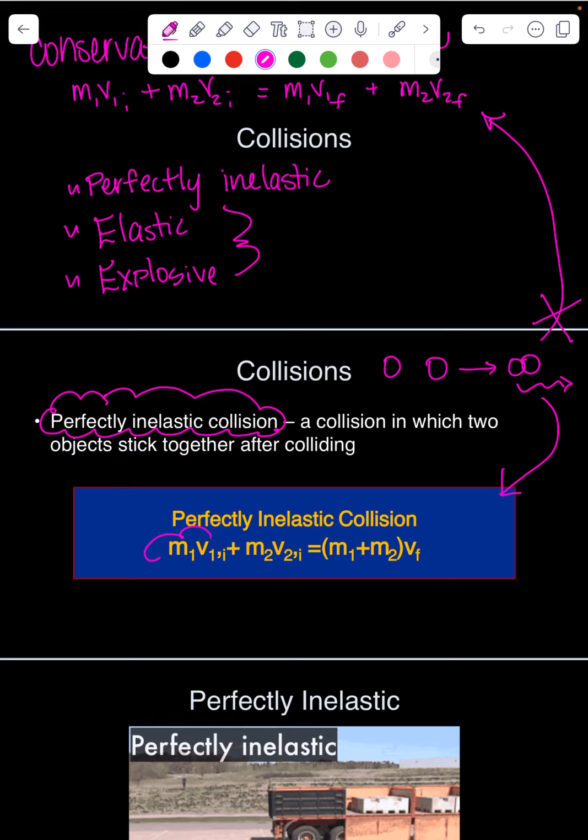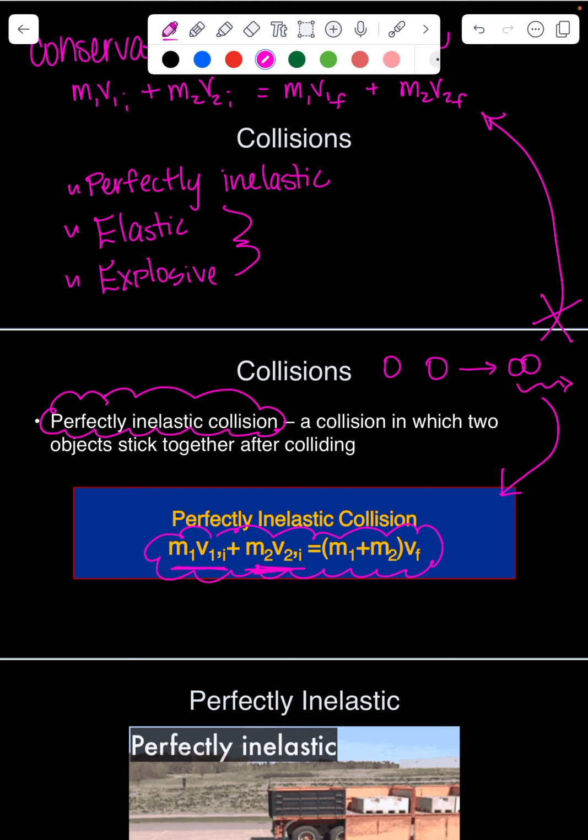You'll see that the left side of that equation is the same exact thing as what we have seen before. You have the first object's initial momentum and then the second object's initial momentum.